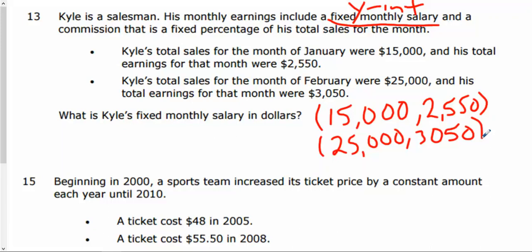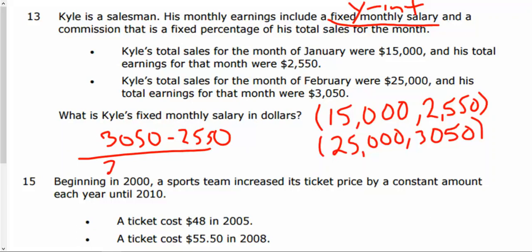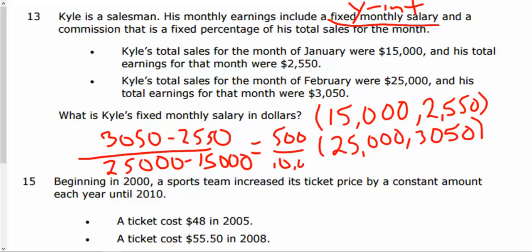So this one's more like a linear word problem, and we're going to treat it just the same. We're going to do 3,050 minus 2,550 all over 25,000 minus 15,000. Okay, so that gives us 500 on top and 10,000 on the bottom.